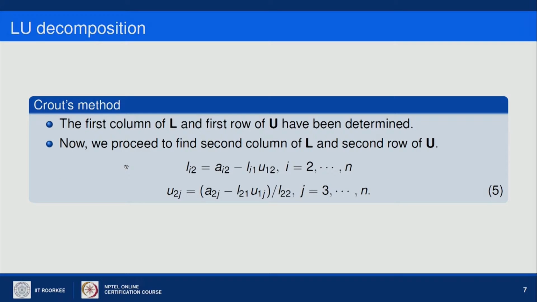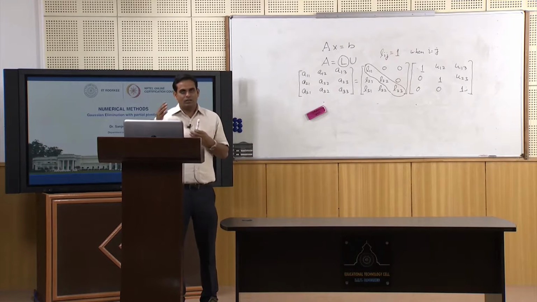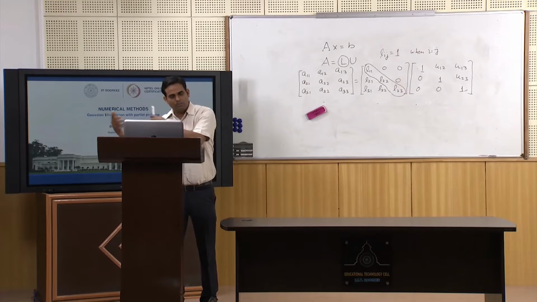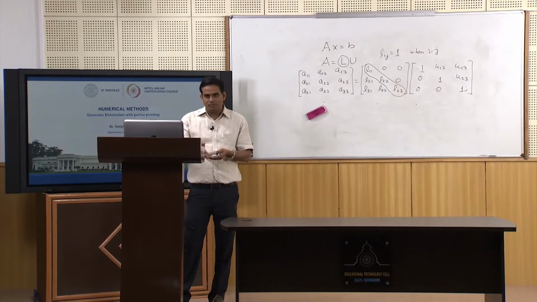So the first column will give you the entries like L11, L21, L31 and so on. The first row will give you the entries like U11, which is 1, U12, U13 up to U1n. Then we will go to the second column.